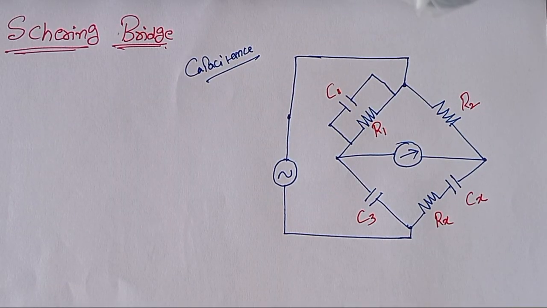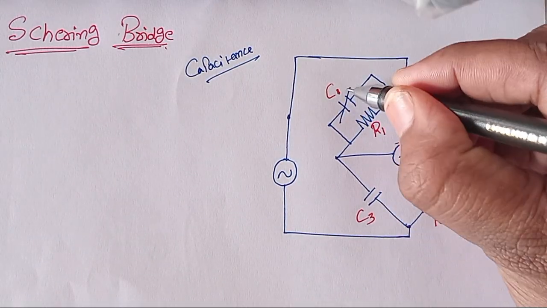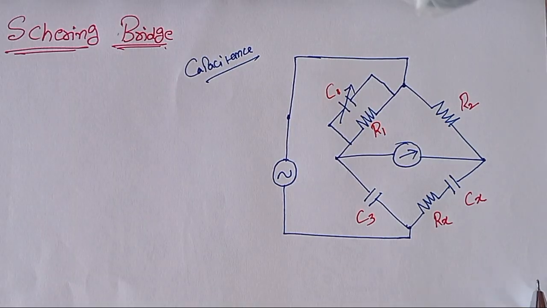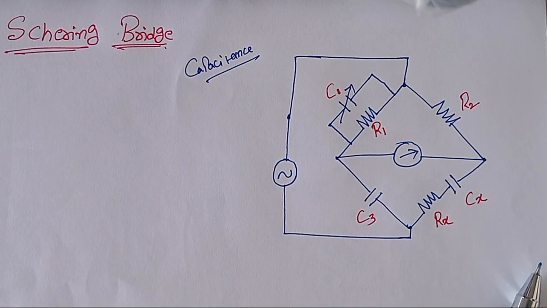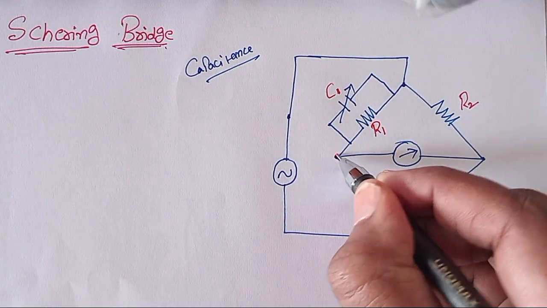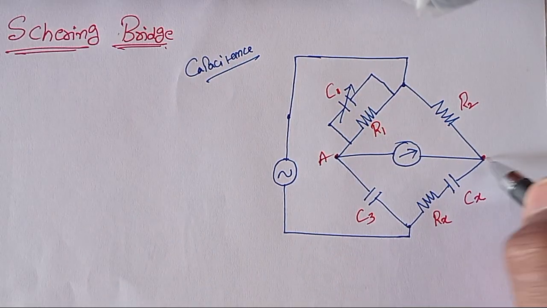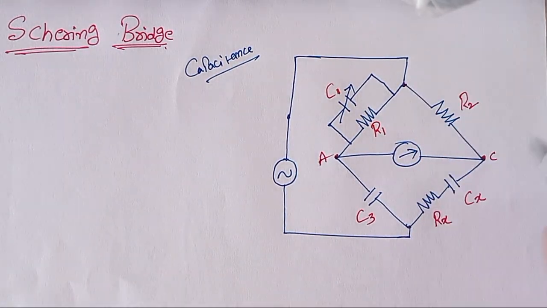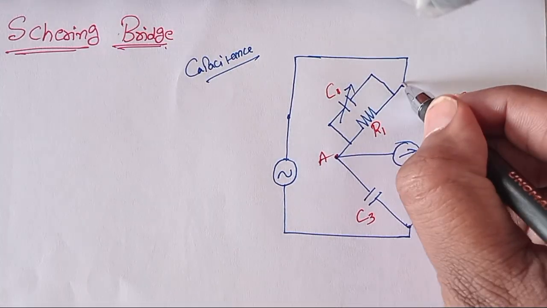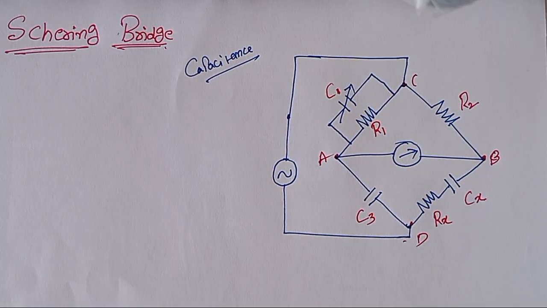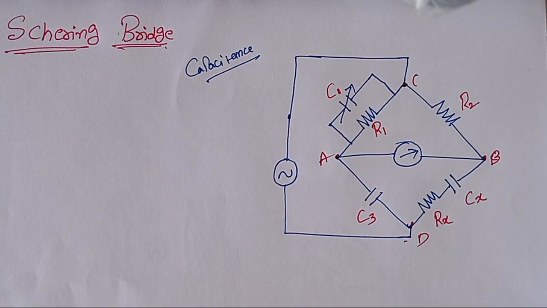Here, these are the different arms we're having. And I'm representing the terminals here like A, B, C, D, as you wish. Just represent the terminals as you wish.